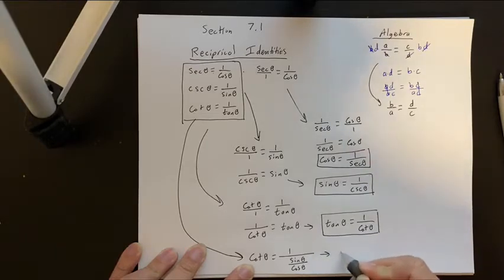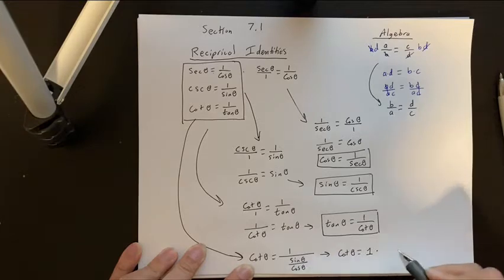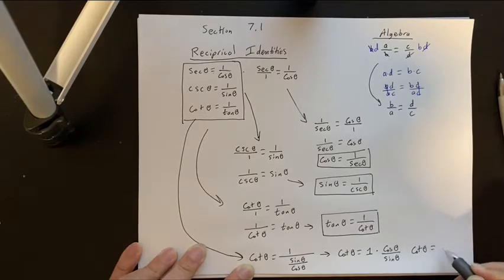And if you divide by a fraction, that is equivalent to multiplying by the reciprocal. So this is 1 divided by this fraction. So that's equivalent to 1 multiplied by the reciprocal of this fraction. So that's going to be cosine theta divided by sine theta. And so finally, cotangent theta is equal to cosine theta divided by sine theta.